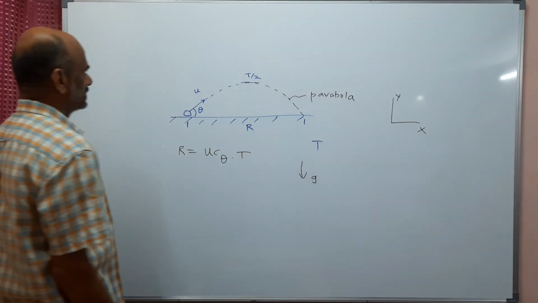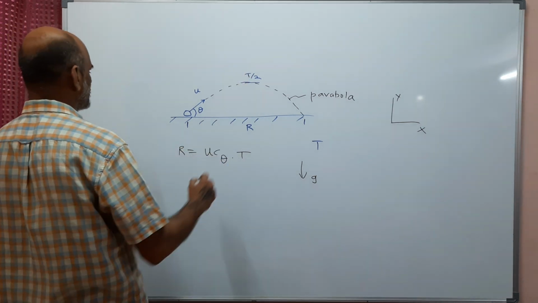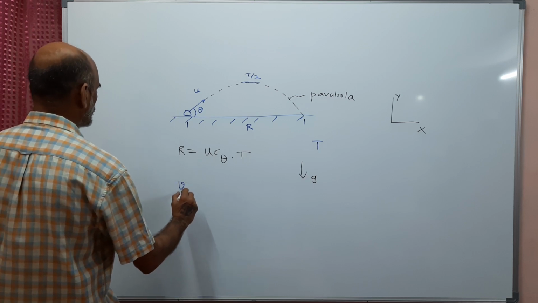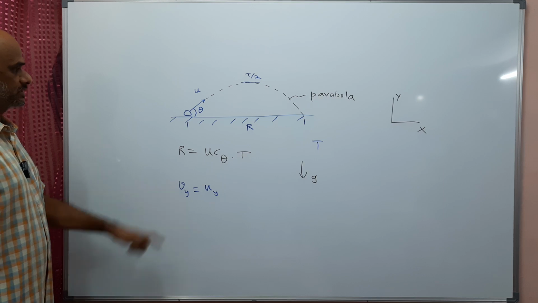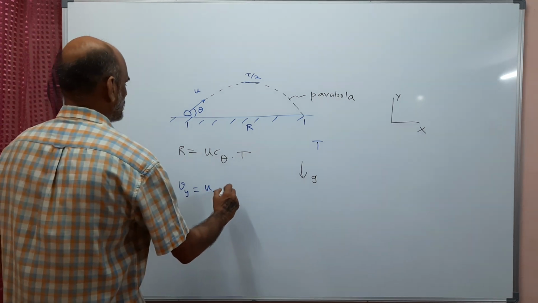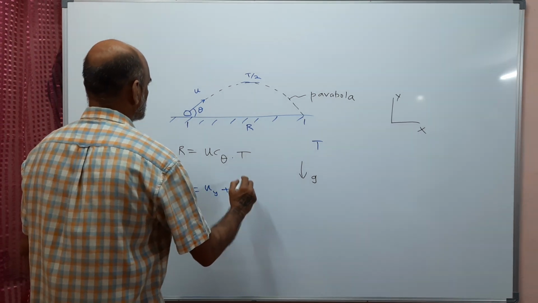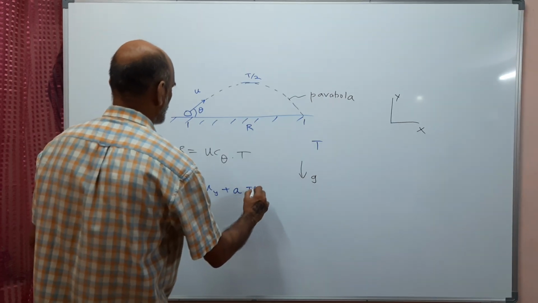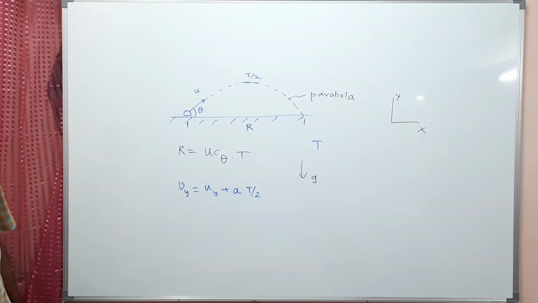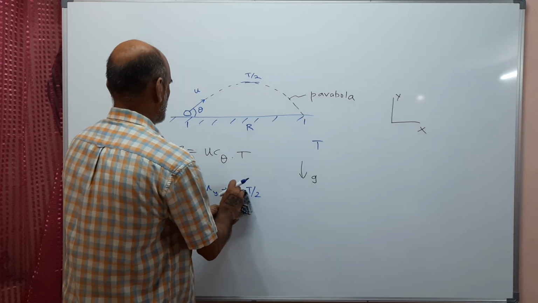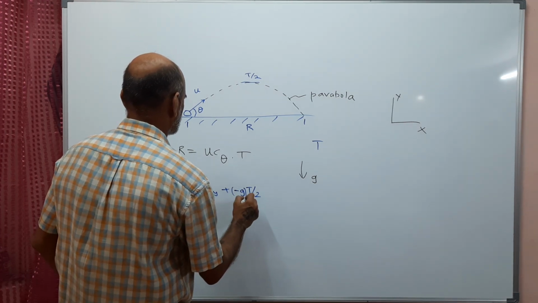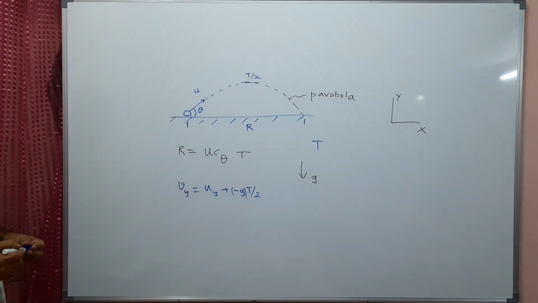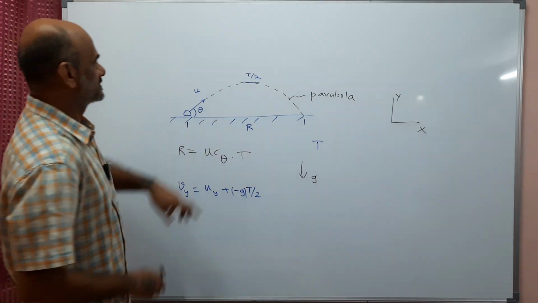So to get this t by 2, we can use vertical motion, v equal to u plus at, in the vertical direction. u corresponds to the vertical component, plus a, and then t, and t is t by 2. And this acceleration is because of gravity, so this is minus g. This equation will apply at the maximum height point.